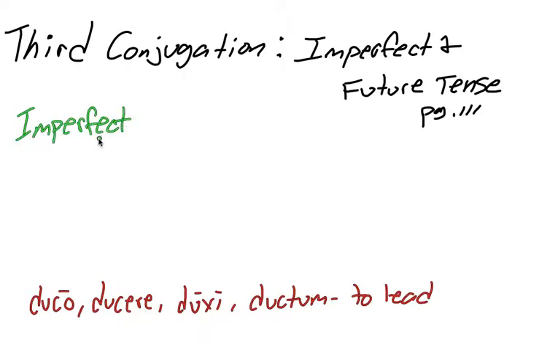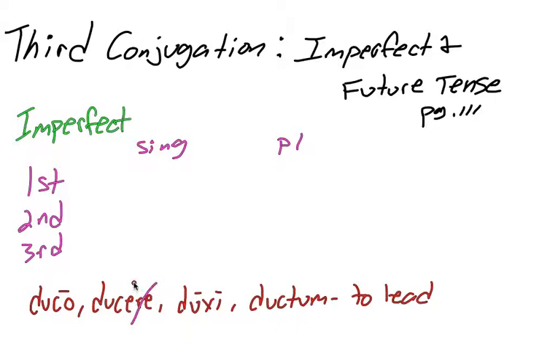Okay, in order to do that, I'm going to set up a chart with first, second, third persons, and singular and plural. Okay, so third conjugation imperfect is actually pretty simple. It's going to look just like first and second. We're going to take away the RE from the infinitive, and that will give me the stem.